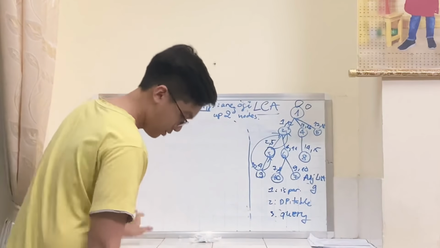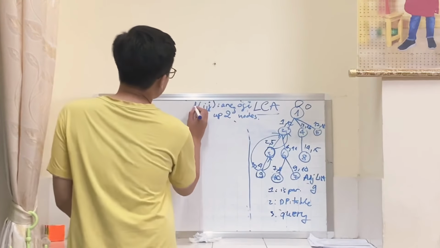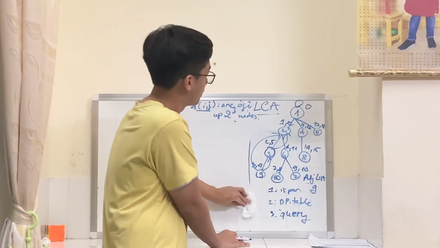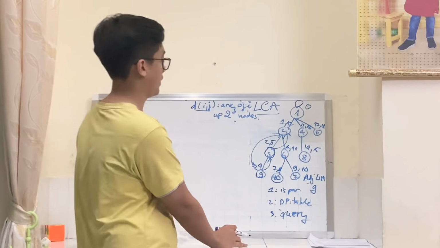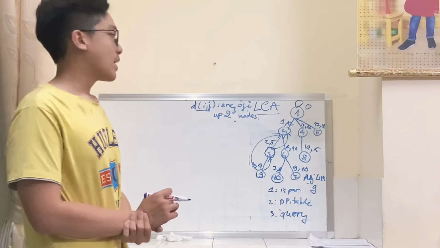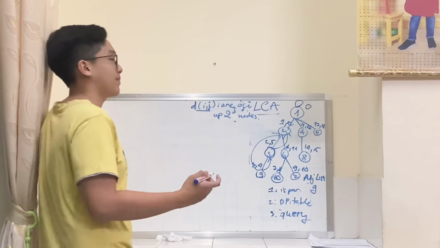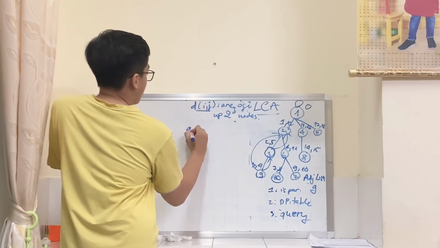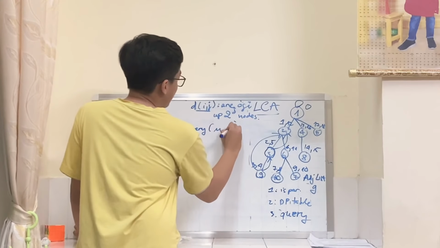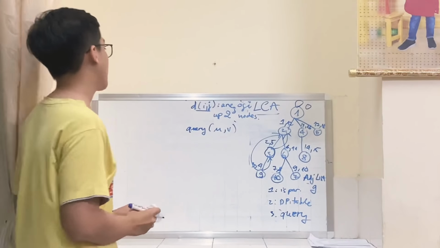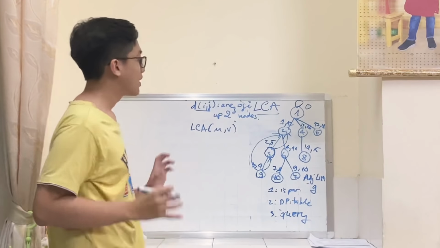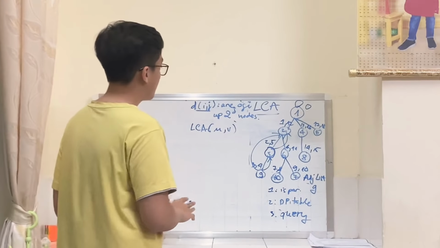After you have this table d[i][j], you can calculate the LCA. The next step is the querying step, which is the most interesting step. Given u and v, find the LCA of u and v. How to find the LCA of u and v? By using this table.